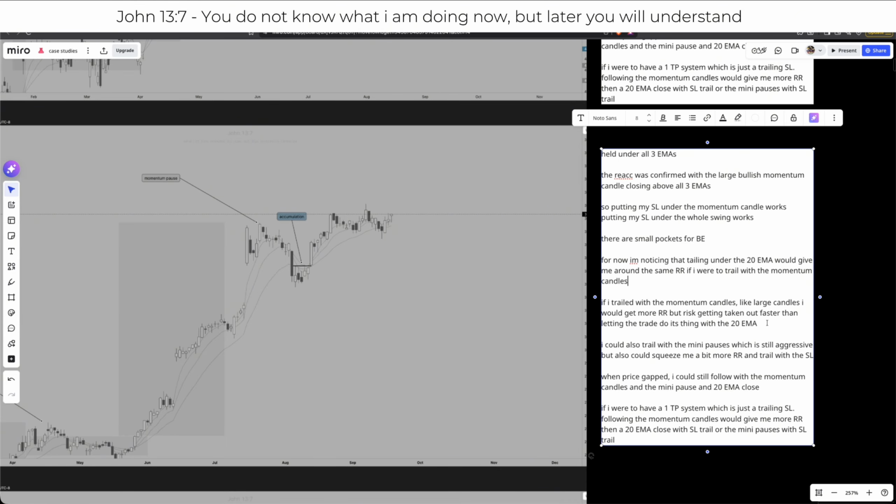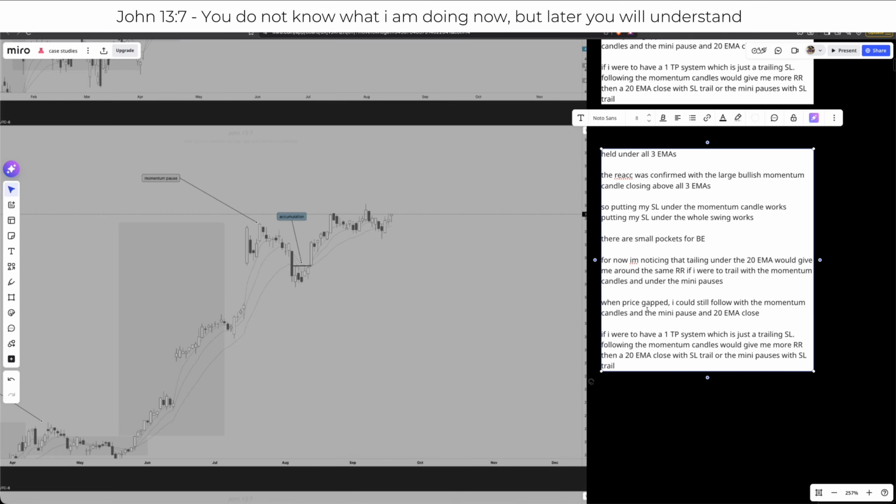And under the mini pauses, so this is nothing because this all takes into account the same stop loss. So there was no gap.